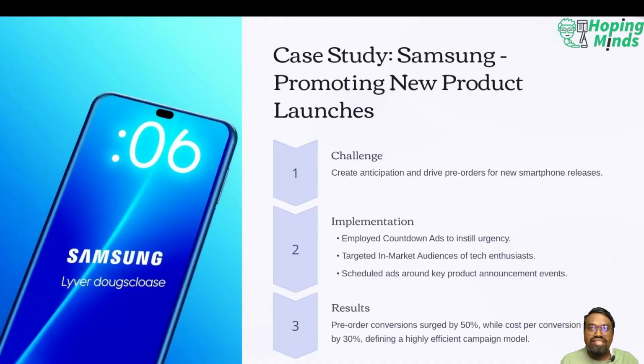You can say Google ads, and they also promoted video ads specifically on YouTube, making sure they showcase their features, and started getting pre-order conversions, right? So this is one important case study that you should know.